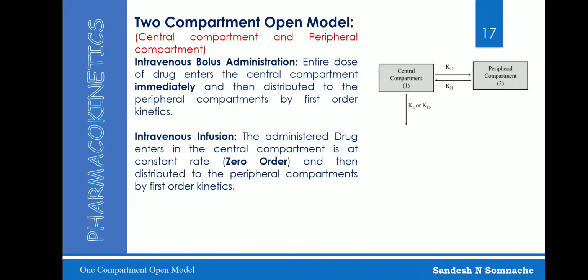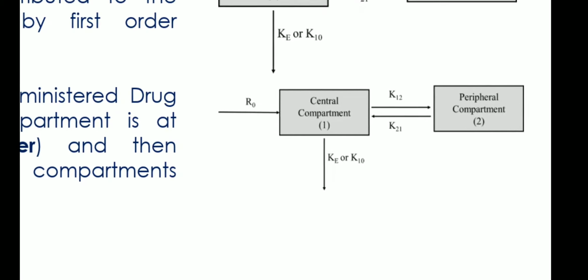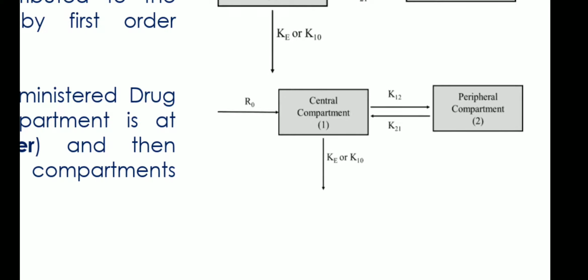Next one, two compartment open model, intravenous infusion. Infusion means drug is administered by a zero order mechanism or at a constant rate and then it gets distributed. So one addition here, that is R0, the infusion rate constant or zero order infusion rate constant.